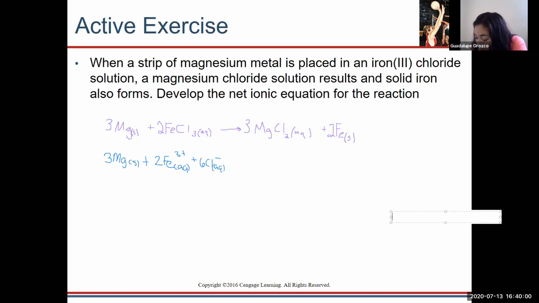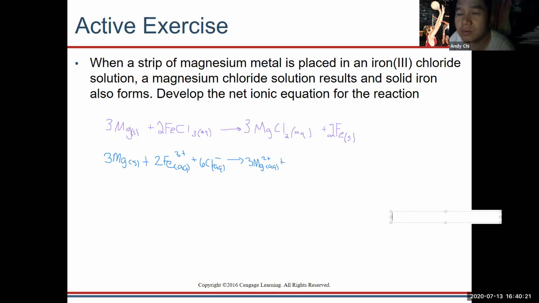Six chloride. And then 3 magnesium. Then that one will have the charge, plus the 6 chlorine, negative, aqueous.